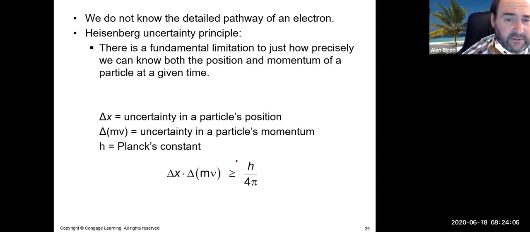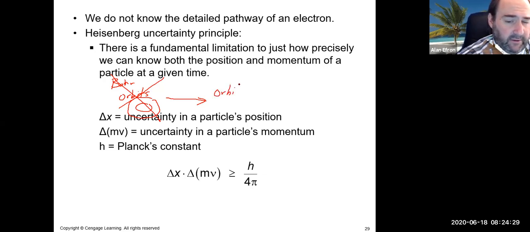And this was a big step forward: where we had for Bohr the idea of orbits and that planetary model where electrons move around in nice circles, we moved away from that into a more quantum mechanical model where we think about electrons as being in things known as orbitals.